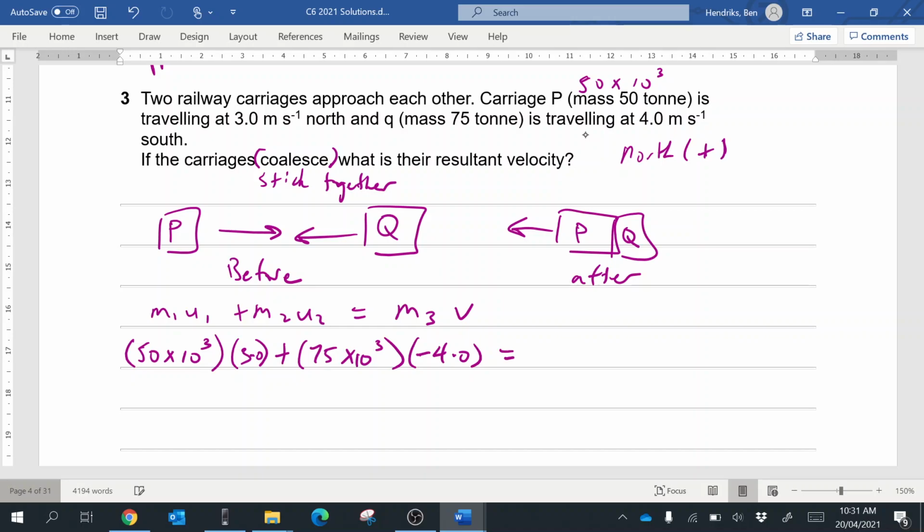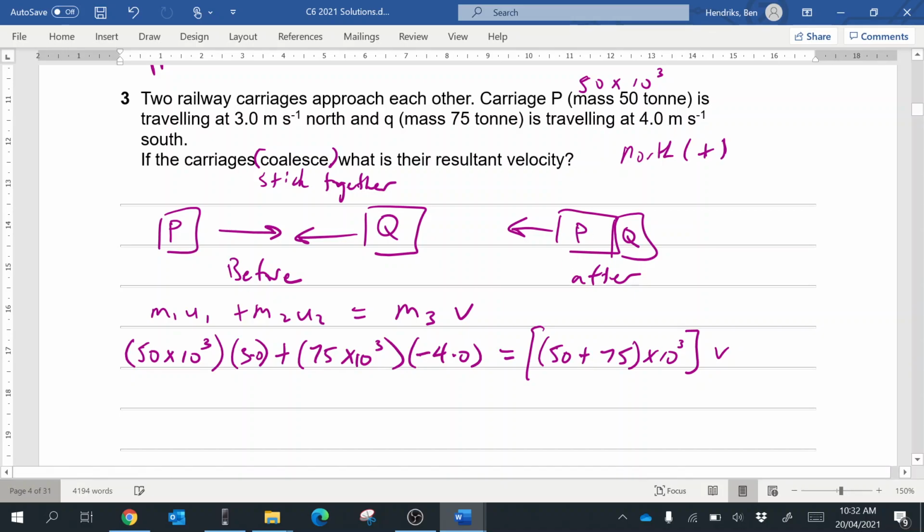So for our third mass, it's equal to 50 plus 75, all times 10 to the 3. That's our 125 tonnes of train, and we don't know what our final velocity is, their resultant velocity.